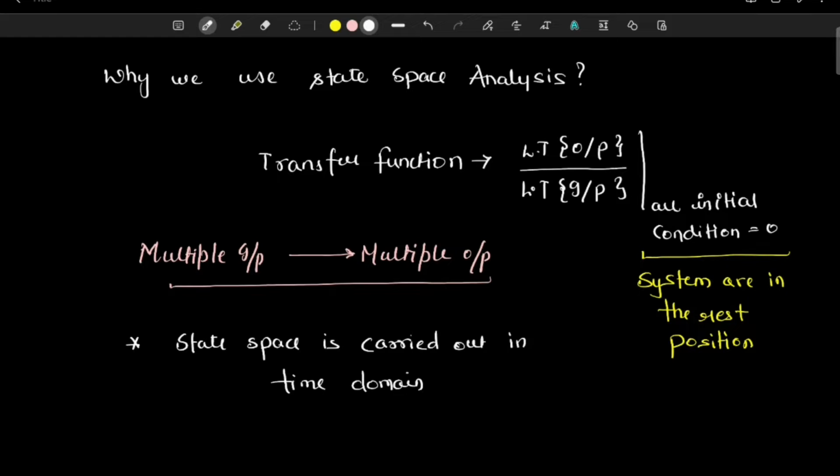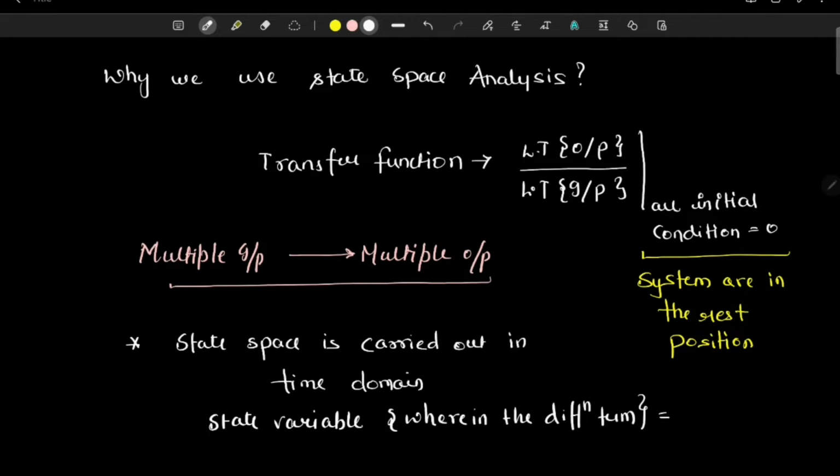We represent state variables wherein the first order differential terms are on the left side of the equation, and the terms which are free from derivatives are on the right side.